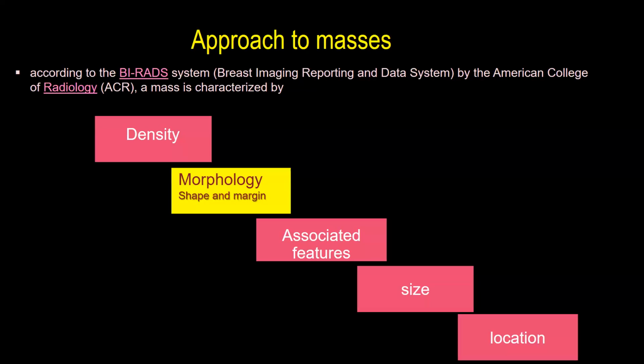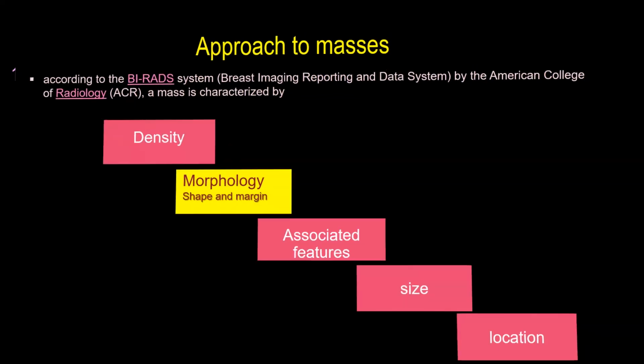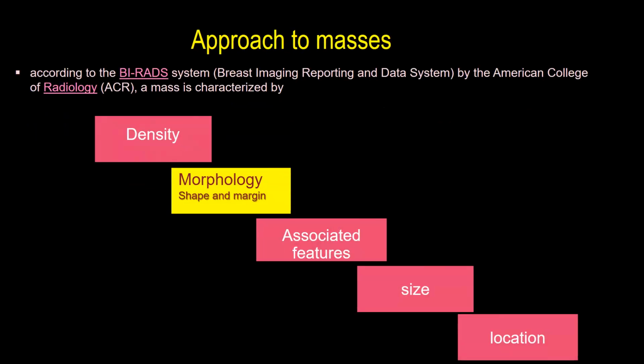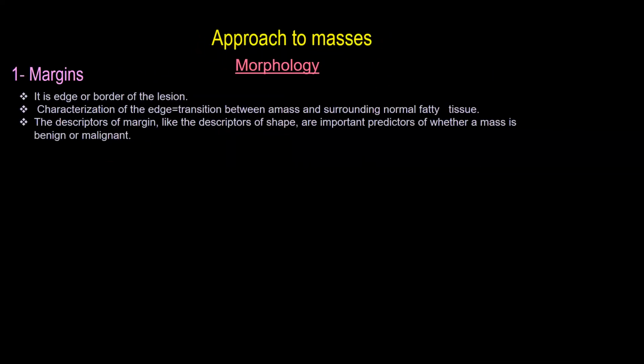So we discussed the density. Let us go for morphology as descriptors in a systematic approach to evaluate mammographic masses, starting with margins. What is the margin? The margin is the edge, border, or contour of the mass lesion, characterized by the transition between the mass and the surrounding normal fatty tissue.